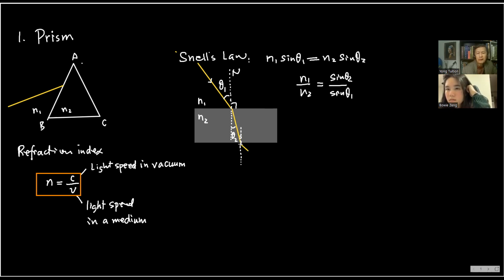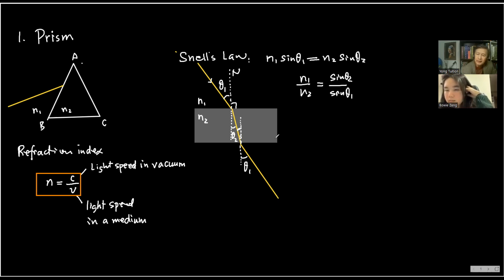And if you have time, you can prove that this direction is parallel to the entering direction. Because these two normal directions are parallel, by simple mathematics these two angles are equal, so this angle must also equal theta 1. Can you see? Yes. Okay.